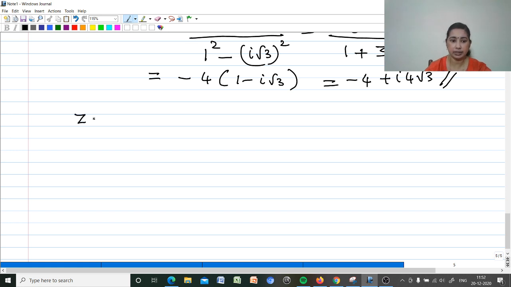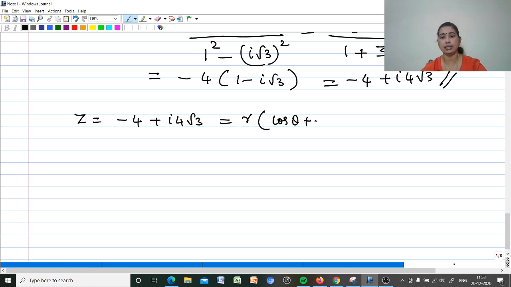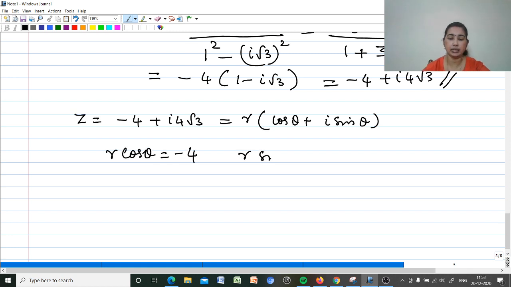For that we can consider z is equal to minus 4 plus i into 4 root 3. We can equate this as r into cos theta plus i sin theta. Then comparing, r cos theta is equal to minus 4 and r sin theta is equal to 4 root 3.